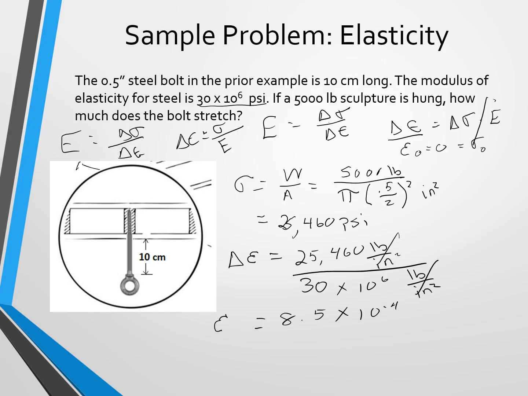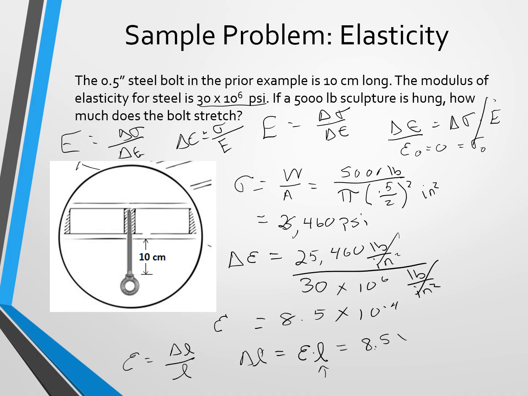And then, if you remember, strain is defined as the change in length divided by the original length. So if I want to know how much the bolt stretches, I want to know what delta L is, the change in length. So that's going to be the strain times the length. Strain is unitless, so it doesn't matter what units I put here. I'm going to get this answer in whatever units I use.